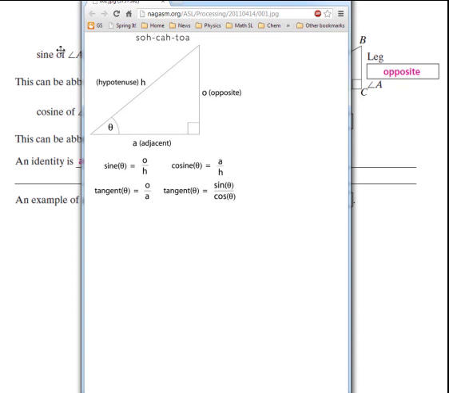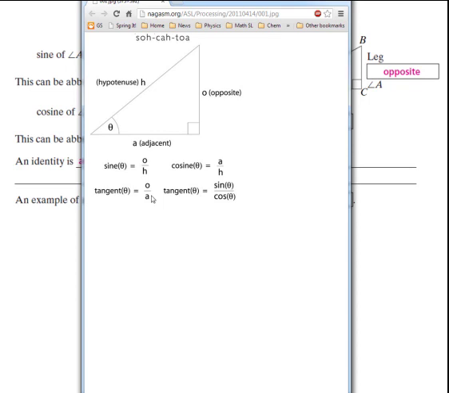SOHCAHTOA is a nice easy way to remember that the sine function is opposite over hypotenuse, the cosine function is adjacent over hypotenuse, and the tangent function is opposite over adjacent. So SOH, sine is opposite over hypotenuse, CAH, cosine is adjacent over hypotenuse, TOA, tangent is opposite over adjacent.